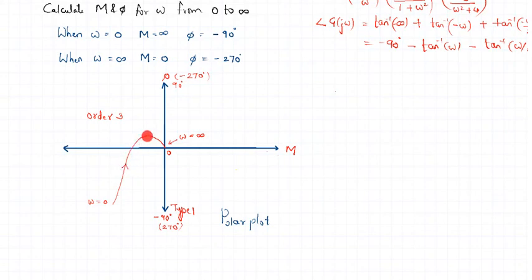And you could see how we have terminated the polar plot here in this quadrant because the system is of order 3. So when omega becomes infinity, we terminate the polar plot in this particular region and the magnitude becomes 0. So this is the polar plot for the given problem.